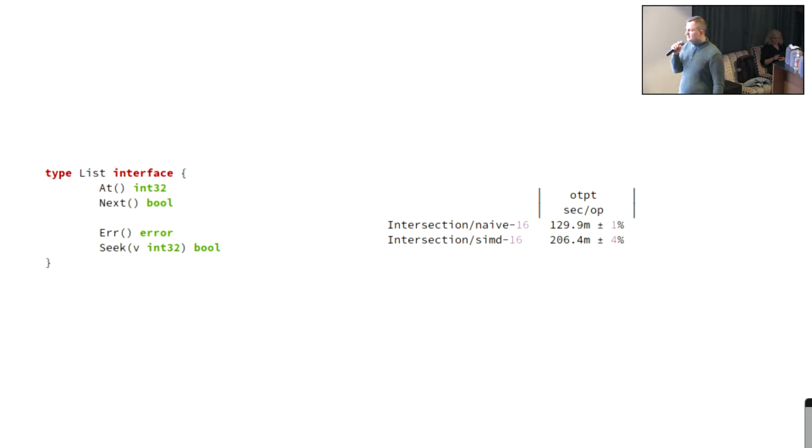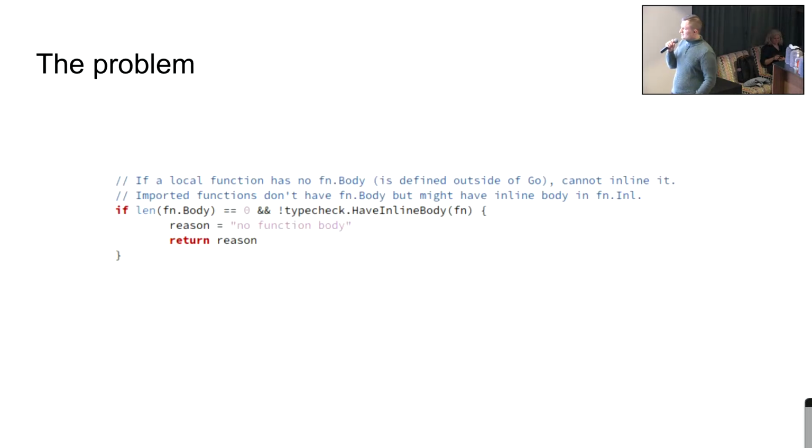If Next returns false, there are no more values, and if Next returns true, you just call At to get that value. So I read that white paper, implemented the SIMD version, and benchmarked it, and the numbers sucked. I wondered what happened. Apparently, if you write the function body in assembler, the Go compiler doesn't inline your function calls.